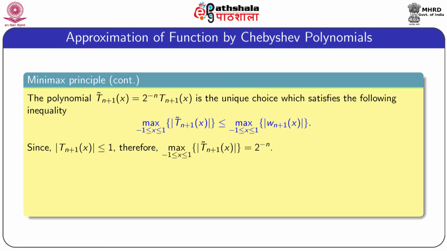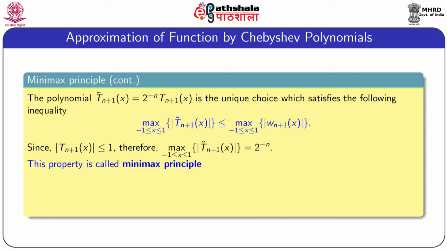Again, the absolute value or the maximum value of T n plus 1 of x is 1. Therefore, the maximum value of T tilde n plus 1 of x, that means the absolute maximum value of this function over the interval minus 1 to 1, is equal to 2 to the power minus n.